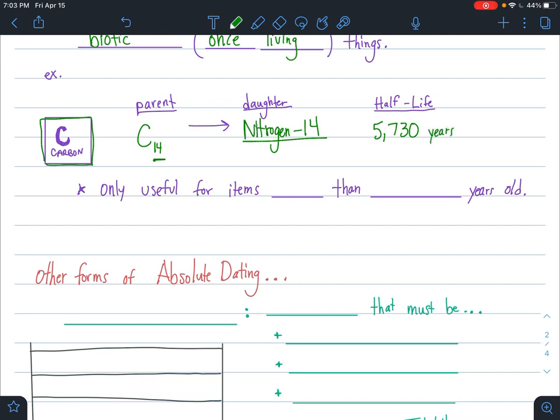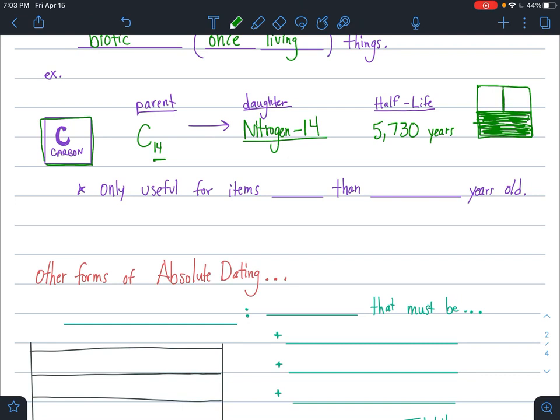It takes just 5,730 years. So if we have a sample, let's say a piece of hair, and half of it has turned into nitrogen-14 while half is still carbon-14, that one half-life took 5,730 years. Let's say that's about 6,000 years.